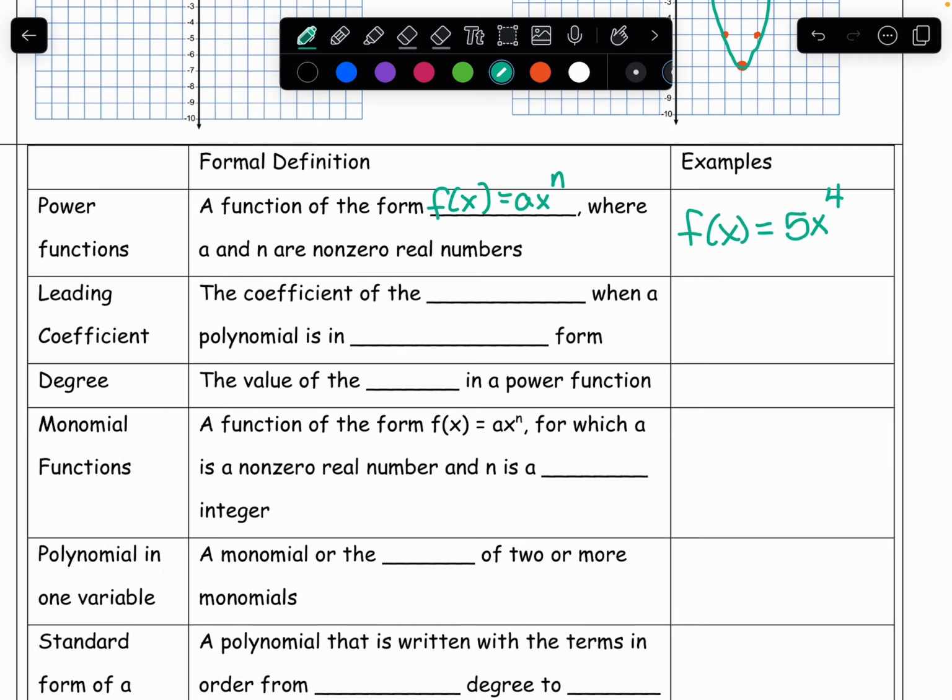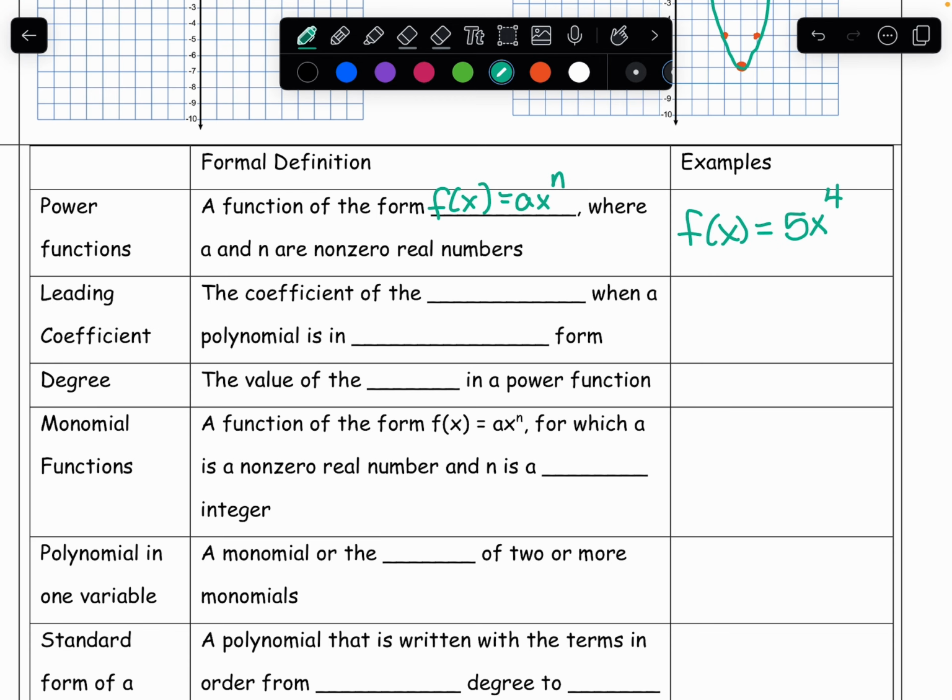Now, a leading coefficient is the coefficient of the first term when the polynomial is in standard form. Taking the example from our previous problem, our lead coefficient is 5.